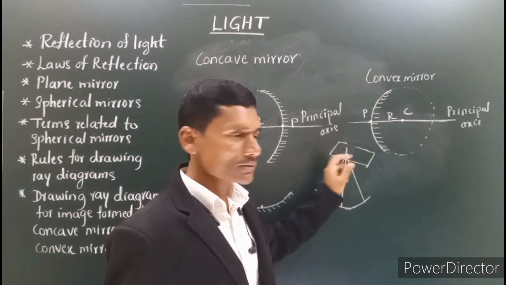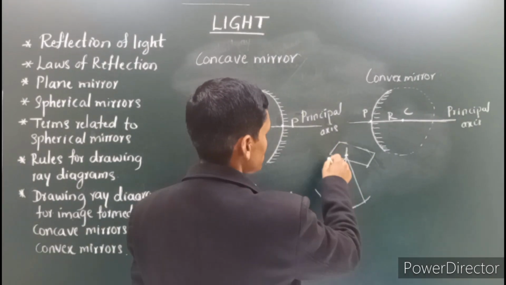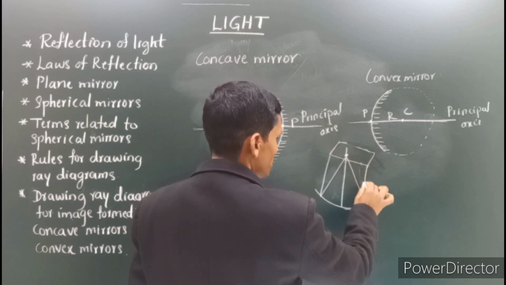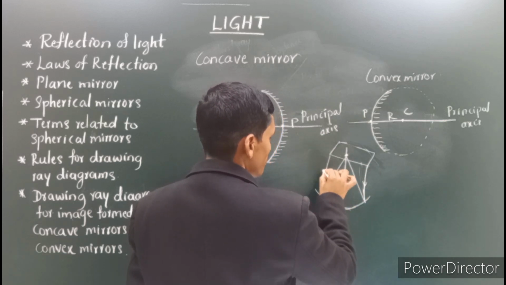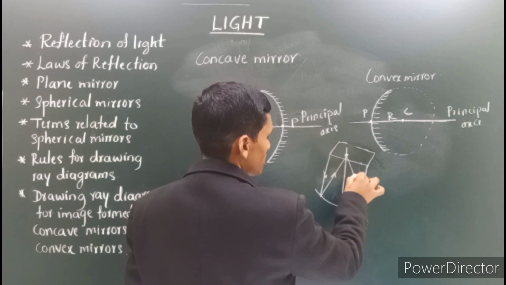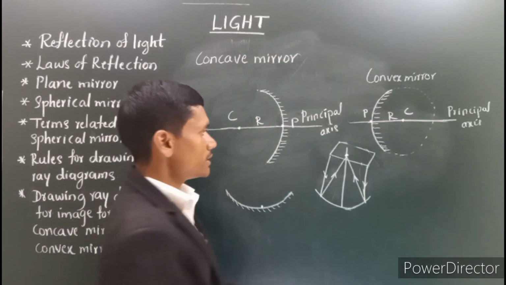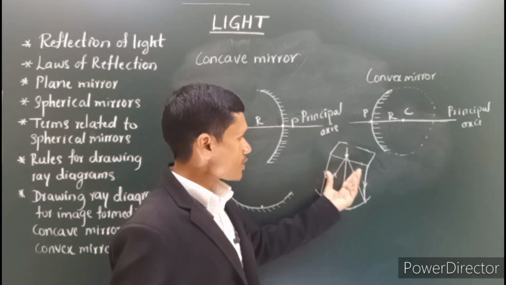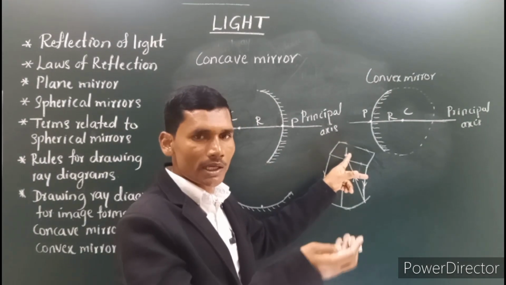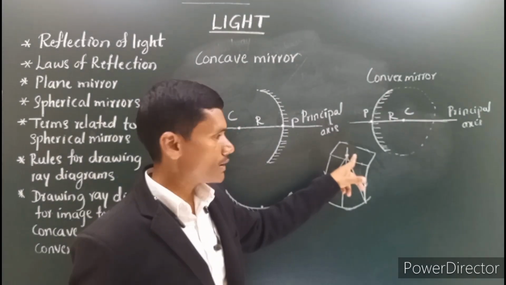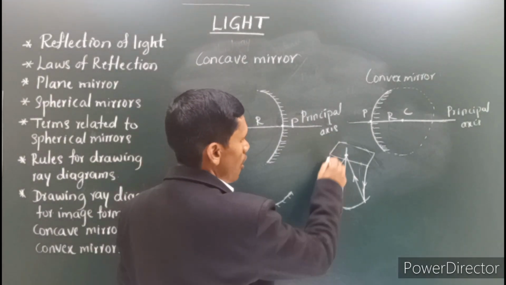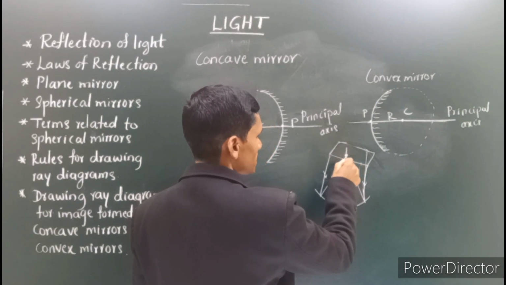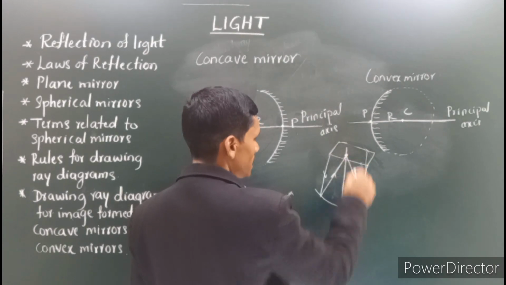It starts burning. Means what? The rays of sunlight are coming parallelly. When they are converged on the piece of paper, it makes a bright spot here. When this sunlight is concentrated at a point, it starts getting heated up and it catches fire immediately, right? Now you have to see, all these rays which are coming parallelly to the principal axis, they are meeting at a point, right?